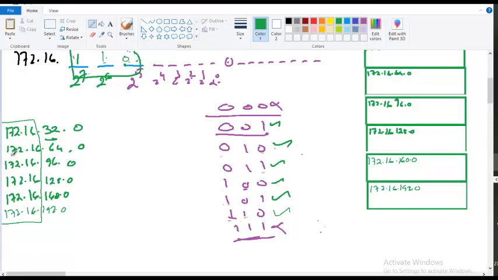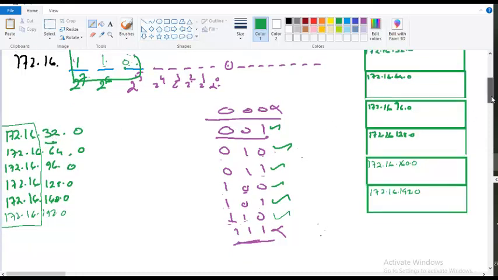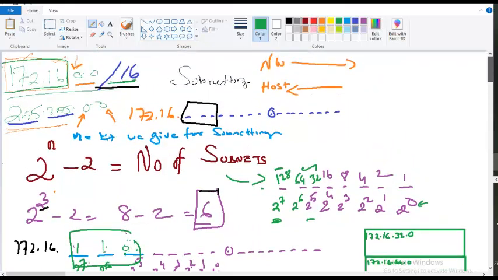Only when you extend the mask, you cannot simply keep it as 255.255. You should put some number here to say I have given 3 bits. Here you have given 8 bits, so it is 255. Now you have given only 3 bits in this octet. When you add the 3 bits, what do you get? 128 plus 64 plus 32. 224.